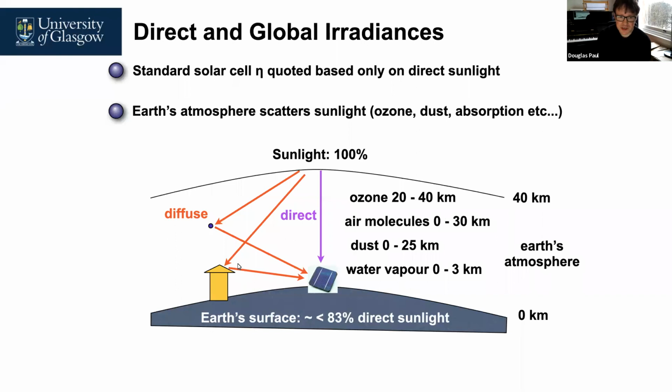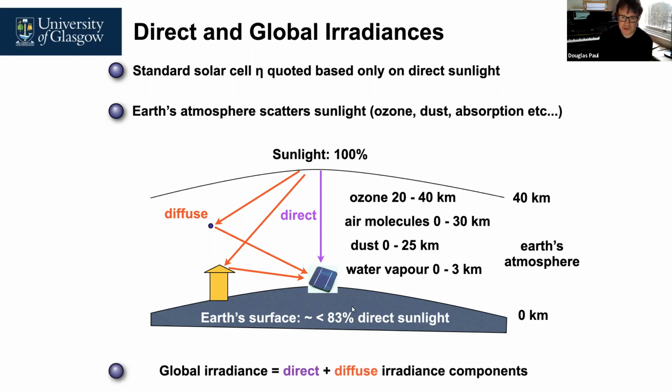Now, buildings, mountains, trees, vegetation, there's a lot of different systems as well that can scatter light. So typically about 17% of the light is diffuse and non-direct, but that will vary depending where you are. In cities, it's a very different number from being out in a desert or being on top of a mountain. So it will vary depending where you are on the planet.